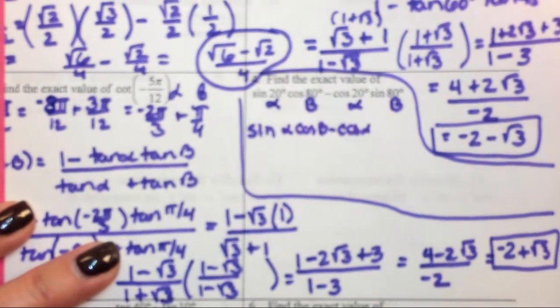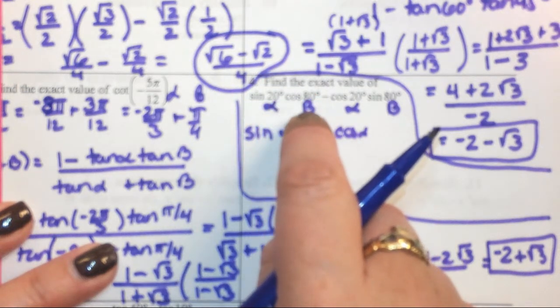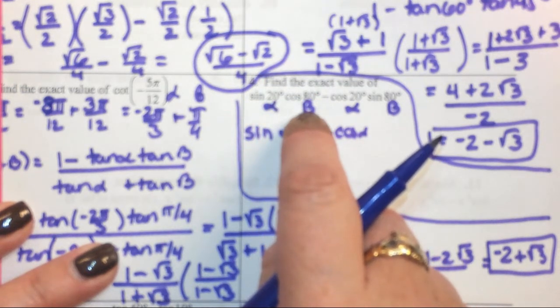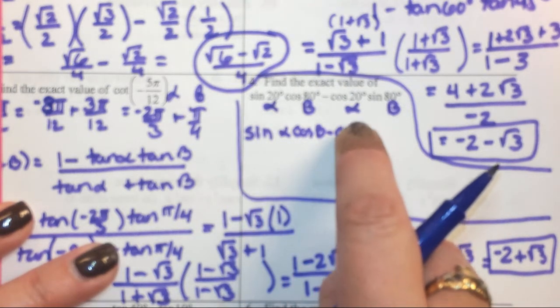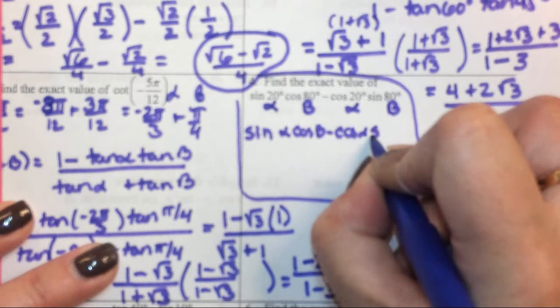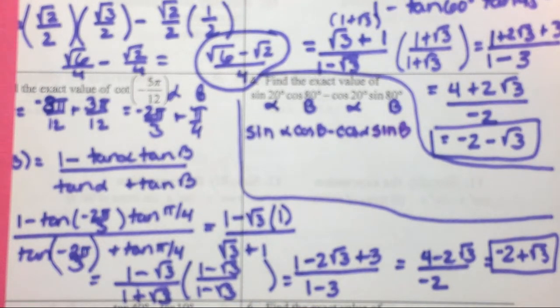Is that better? Okay. So again, 20 degrees is my alpha, 80 degrees is my beta. So I'm now just recopying to try and match it up on my formula sheet. So cosine alpha, sine beta. So which formula on my formula sheet is in this pattern?